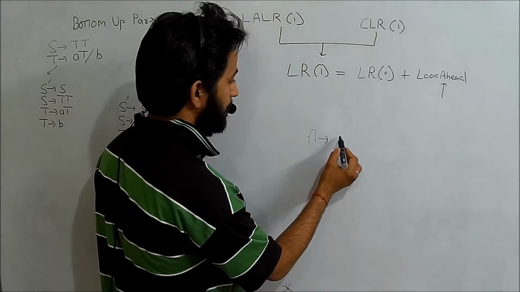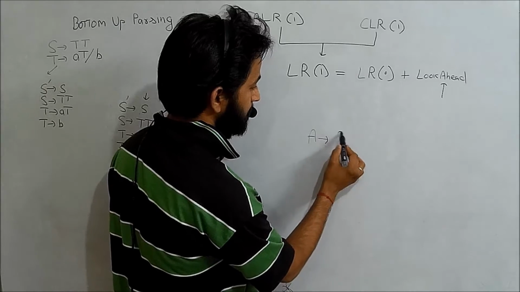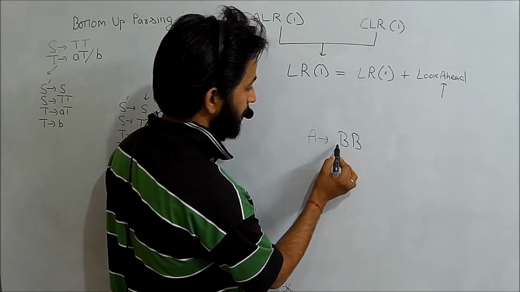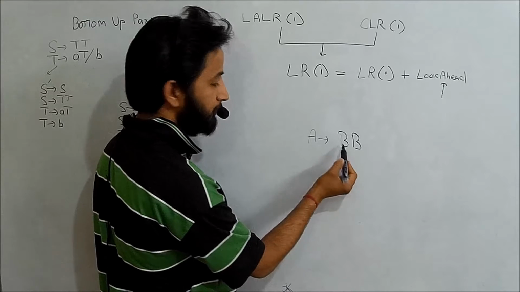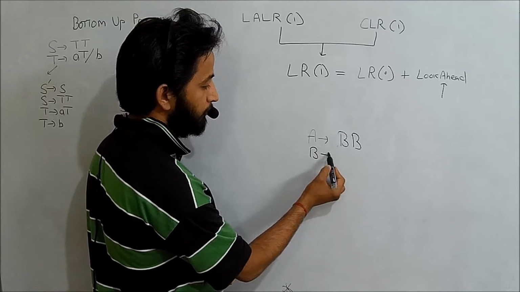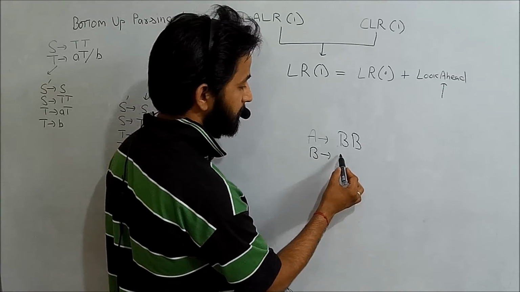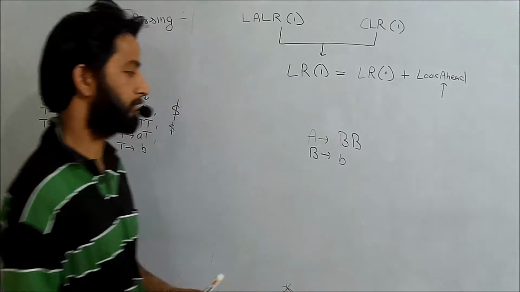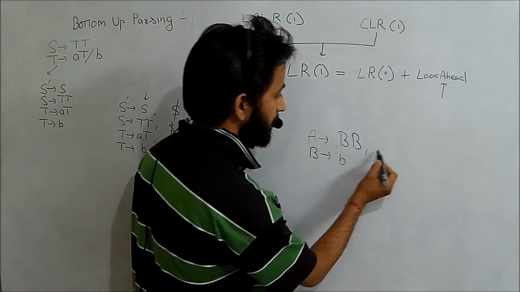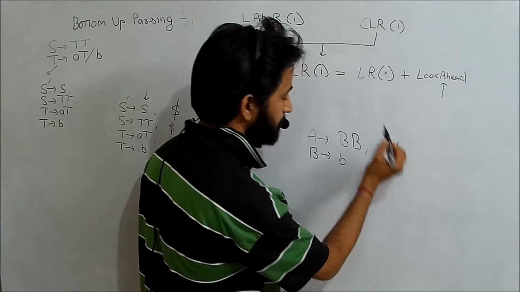If I am having a production A derives B, B and dot here, so because of this dot I will write the closure of B. Let us take the closure of B, which will be B itself, small b itself. Okay, and here we have a slash b.